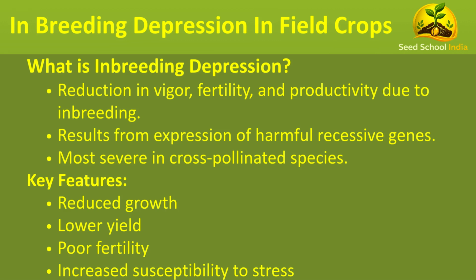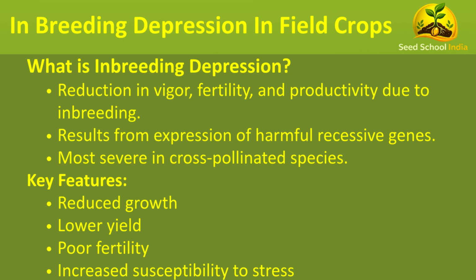Inbreeding depression is the reduction in biological fitness resulting from repeated inbreeding. This reduction may be observed as decreased plant vigor, slower growth, reduced fertility, lower seed production, poor germination, increased disease susceptibility, and overall yield reduction.